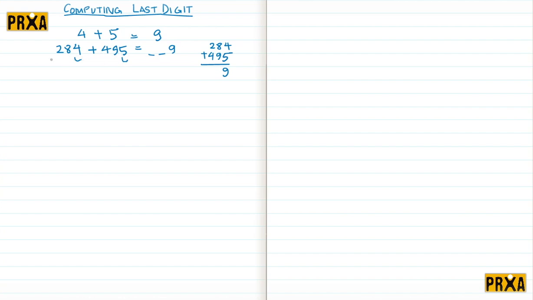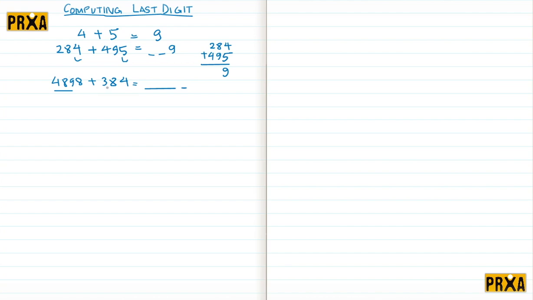Now let's say the computation were to go something like this: 4898 plus 384. You just saw that the digits 489 have no impact whatsoever on the last digit of my answer, so I ignore these.